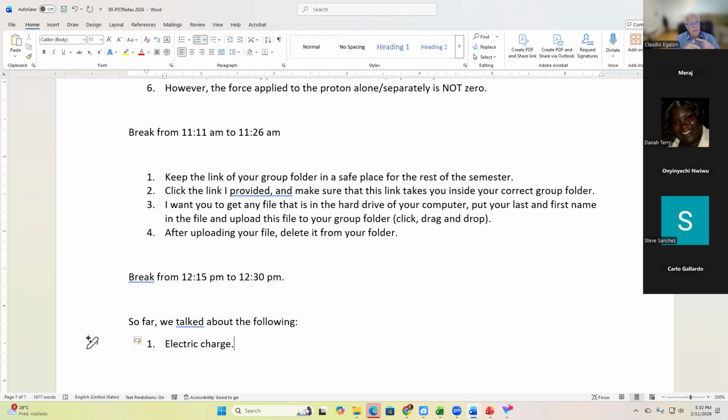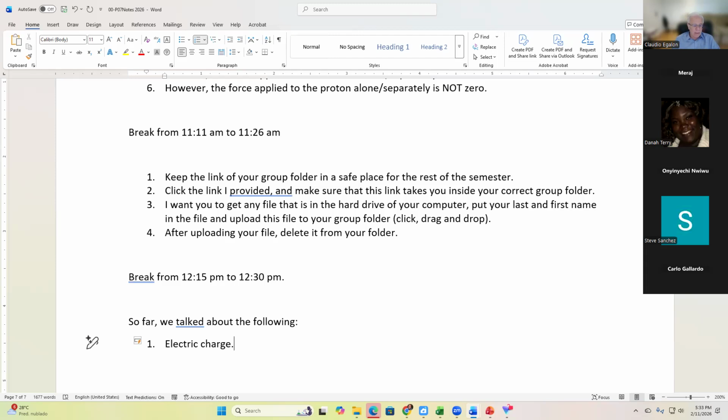If you don't have a clue of what an electric charge is, you won't be able to understand this material. So you have to have the picture of this abstract idea of what an electric charge is. It's something intrinsic to matter, as mass is too. Mass is a property of matter.